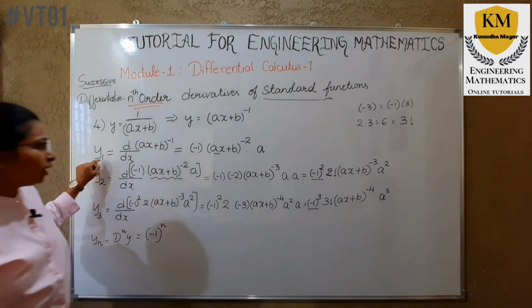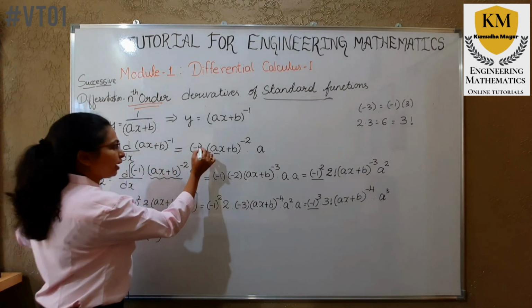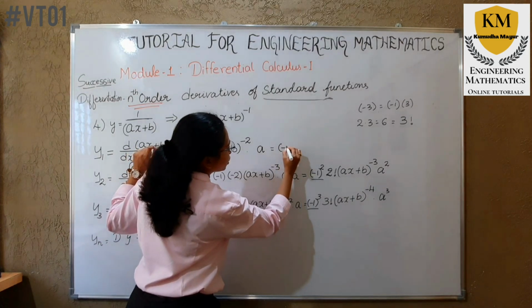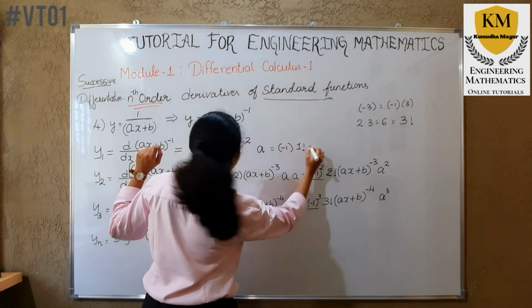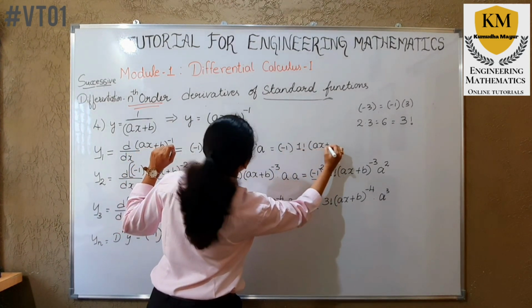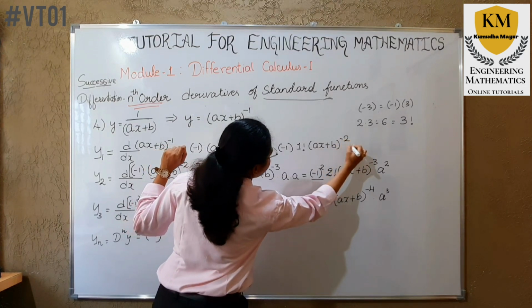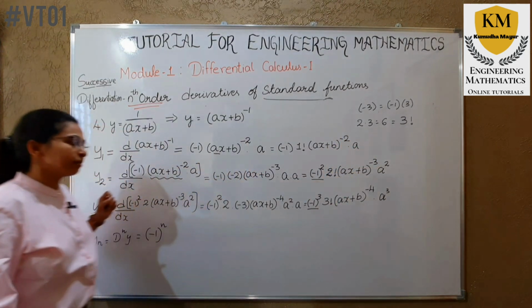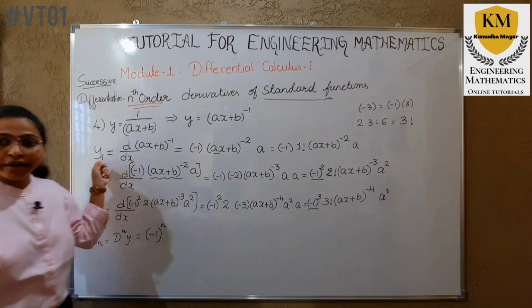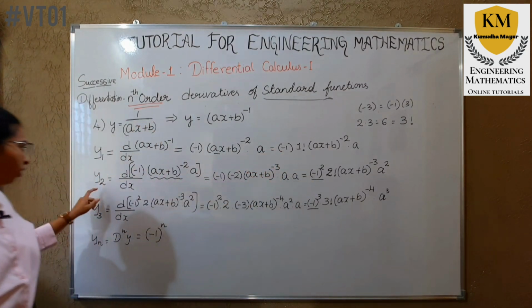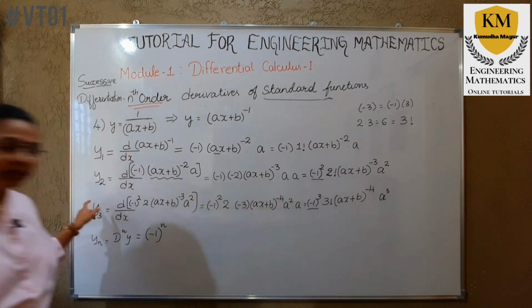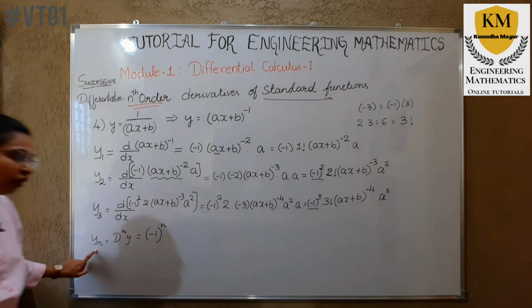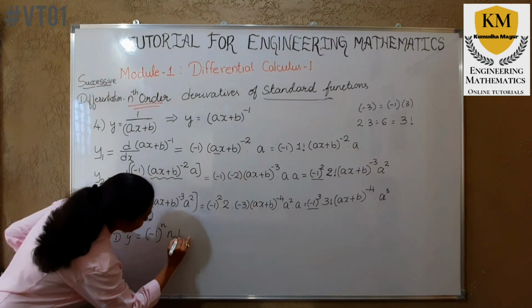So now for 1, you can write this as minus 1 into 1 factorial (ax plus b) to the power minus 2 into a. Nothing wrong by writing like this. So order 1 is 1 factorial. Order 2, 2 factorial. Order 3, 3 factorial. Nth order, it is n factorial.